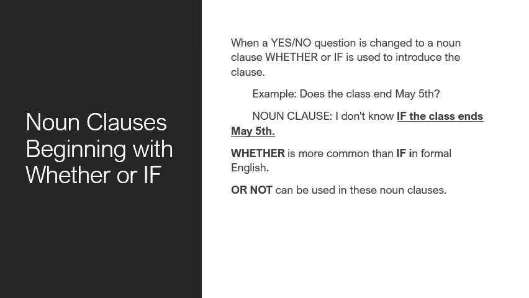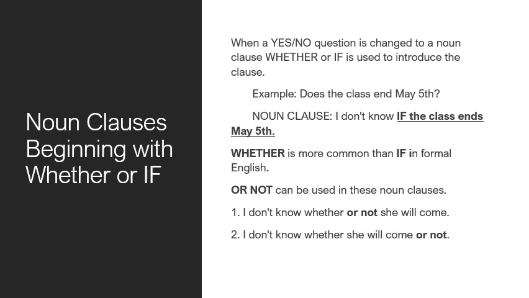You have 3 options of using or not with these types of clauses. The first option is to put the or not after whether. I don't know whether or not she will come. Your second option is to put the or not at the end of the sentence. I don't know whether she will come or not.